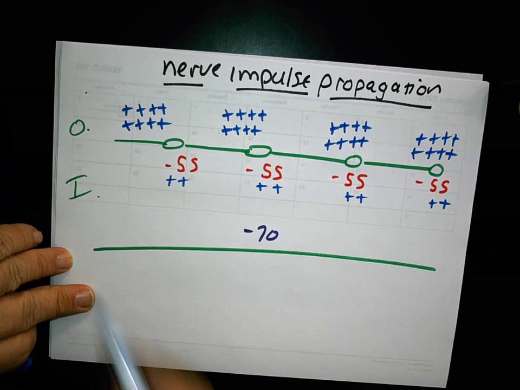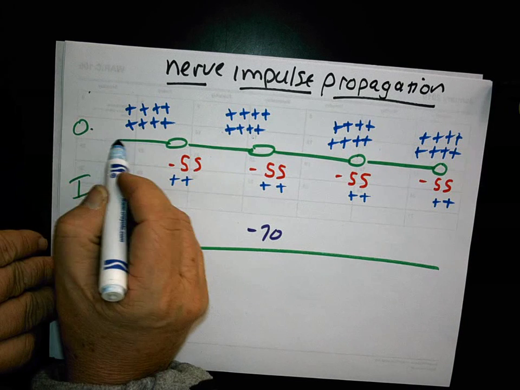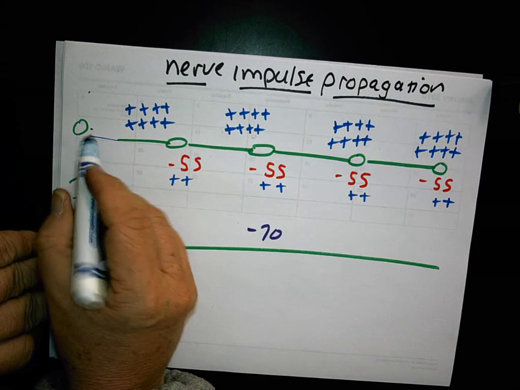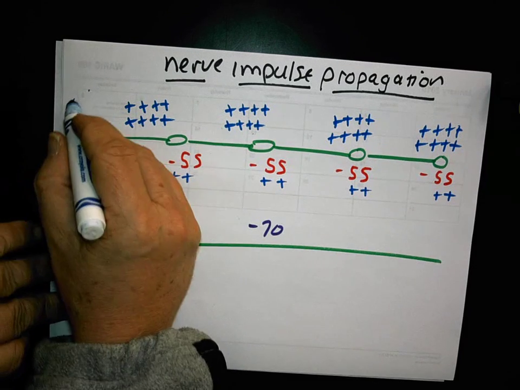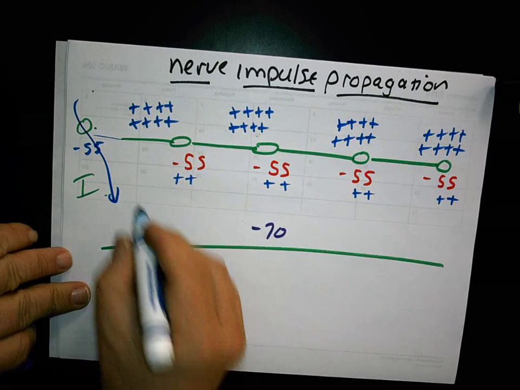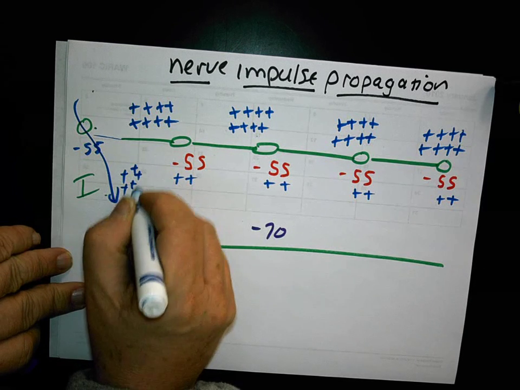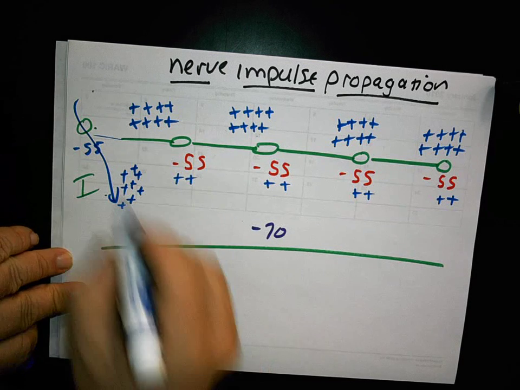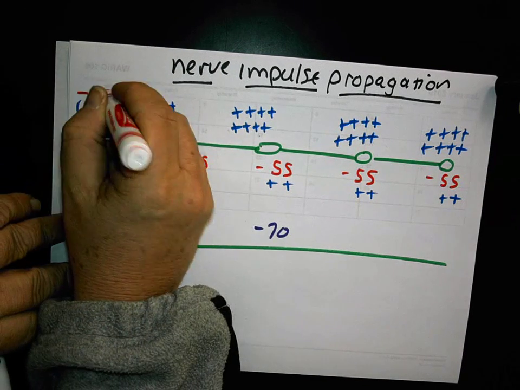Let's say, we'll describe how this happens a little bit later, that in this location, sodium is reaching negative 55, which is threshold. Sodium comes in. So here's all your sodium ions. And now because of that, the outsides become depolarized.